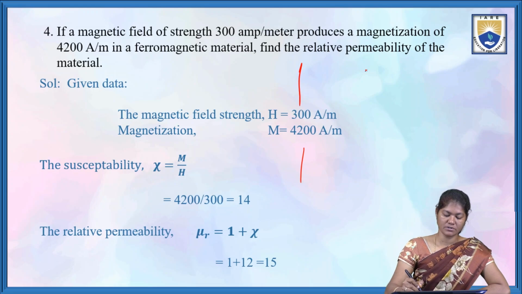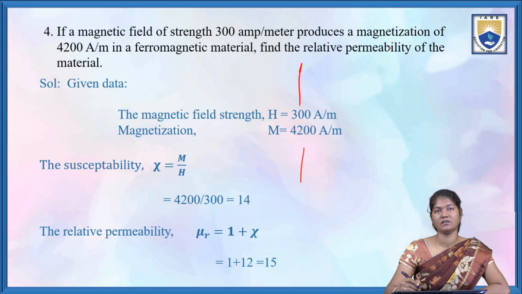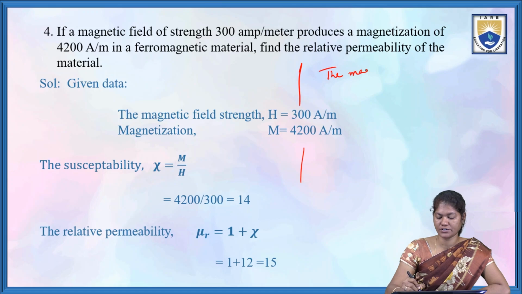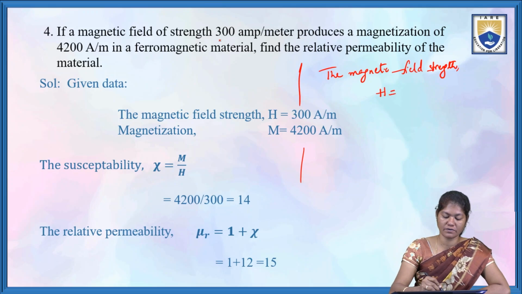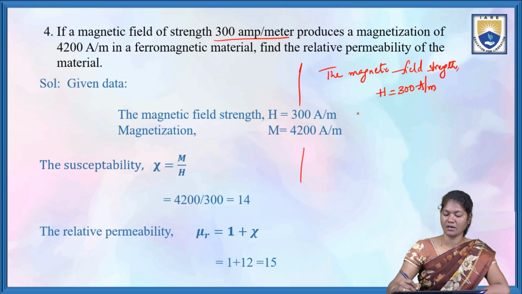So the data given in the problem is the magnetic field strength, that is magnetic field intensity. The magnetic field strength capital H is equal to 300 ampere per meter.